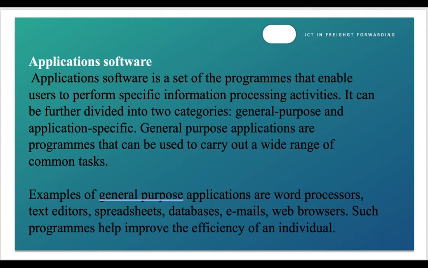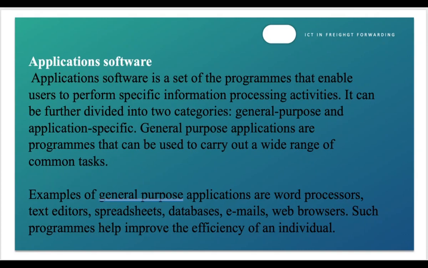Now, this application software allows the user to perform specific information processing activities. Okay? So you want to do a specific activity. The application software, that software is designed for you to perform that particular activity. It is not for general activities.